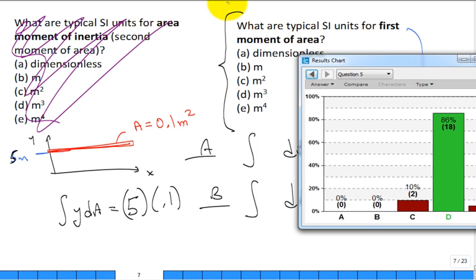But if you just followed this through, didn't that have a meter for length, and the area had meters squared? The integral y dA is going to have length cubed in SI units. Standard length is meter cubed. So isn't that the correct answer?